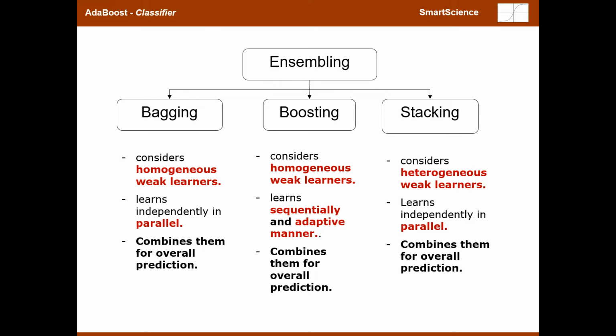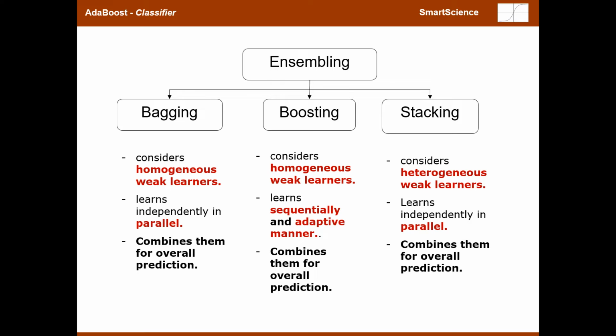Now, when it comes to stacking, we will use heterogeneous weak learners. That means one model may belong to decision tree, the second model may belong to support vector machines, the third model may belong to logistic regression, so on and so forth. And these models are built in parallel. And then we'll combine the result of all these models to get an overall prediction.